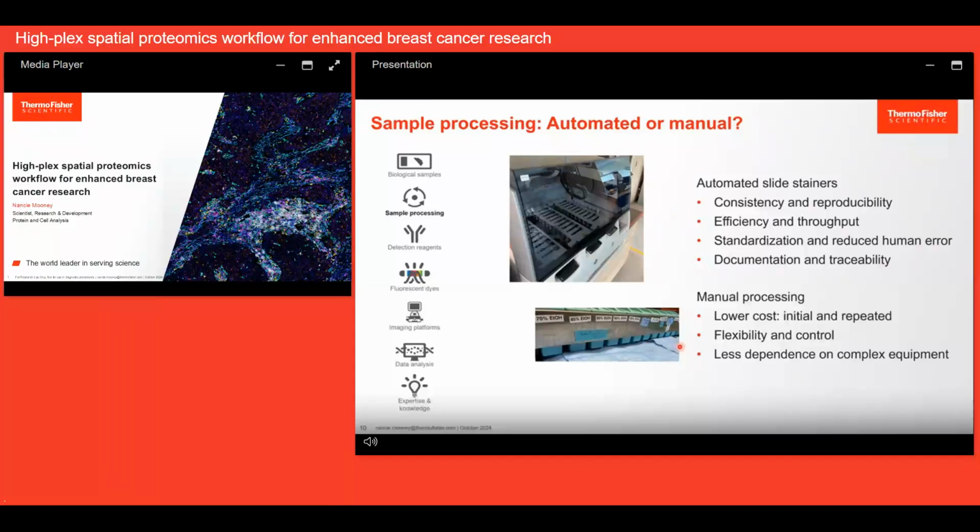Manual processing, of course, can lower costs, especially initial costs, as it's way less expensive. You also have more flexibility and control over your experimental setups as you figure out what works best in your hands. You also are less dependent on complex equipment. Whichever system you use can be enabled for the Allura and the S1000, but often automated staining is better for high multiplex experiments just because of the complexity and the time that it might take.